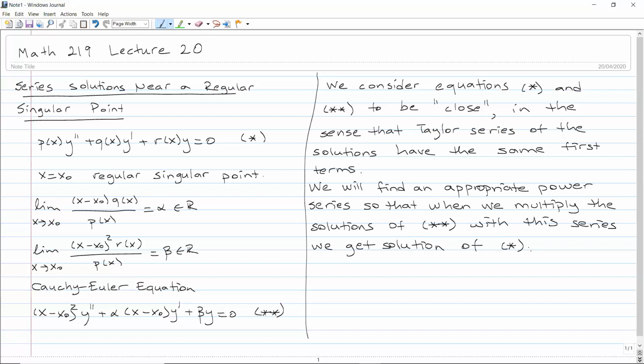So given this equation, we find the numbers alpha and beta. Since x0 is a regular singular point, we have the real numbers alpha, beta. Using those numbers, we construct the Cauchy-Euler equation, find the solutions of the Cauchy-Euler equation, and then find this power series so that when we multiply the solutions of the Cauchy-Euler equation with this power series, we get a solution of our own equation.